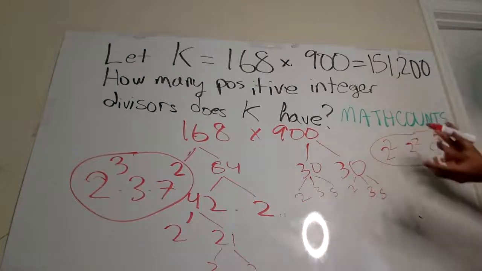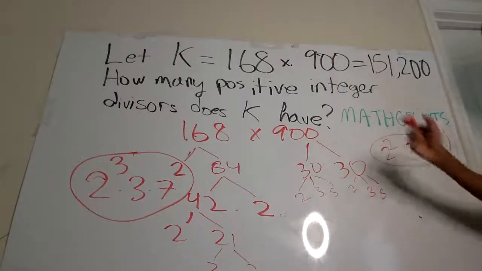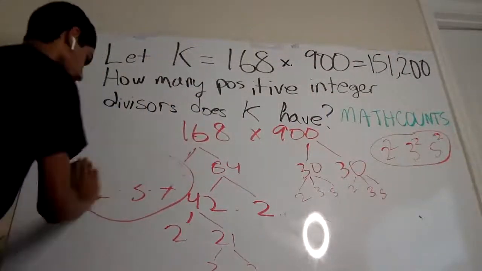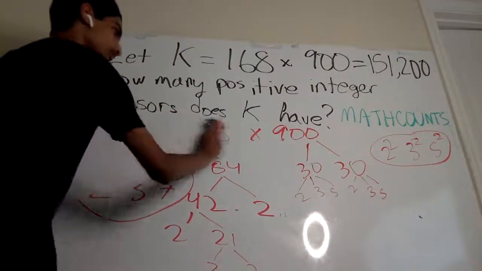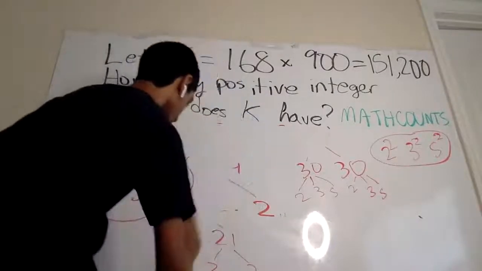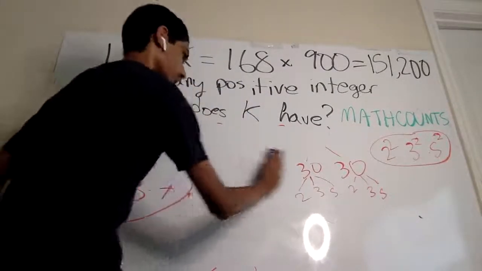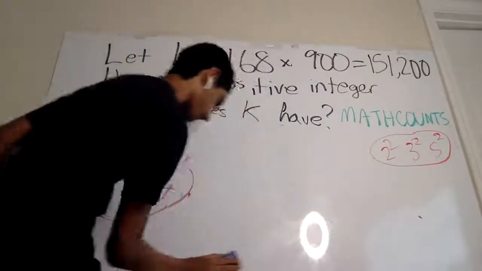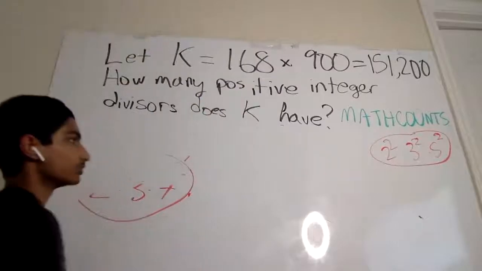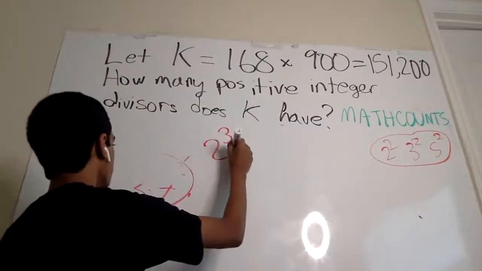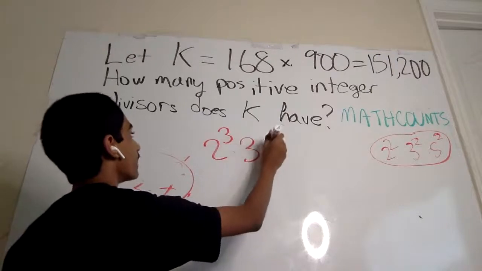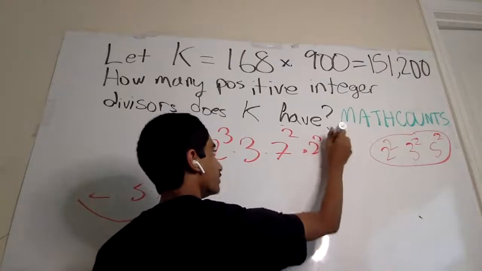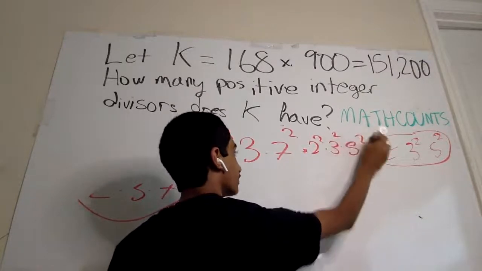And let's multiply them together, since that's what this problem is. So let me just erase this really quickly. So we have 2 cubed times 3 times 7, and 2 squared times 3 squared times 5 squared.